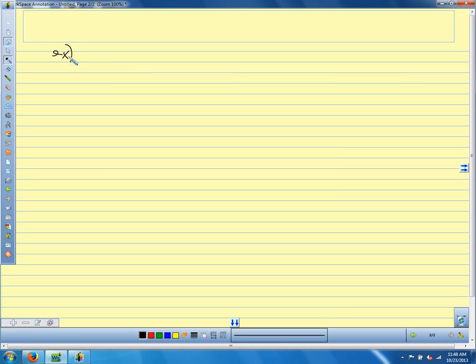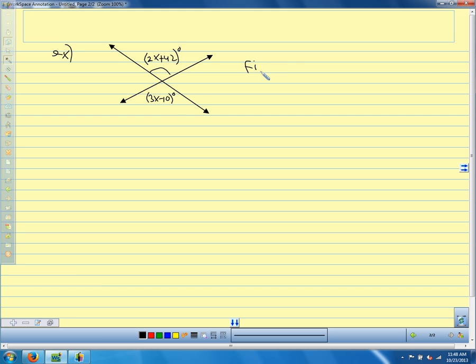So let's say my problem is set up like this. And we know that this is 2x plus 42 degrees, and this angle is 3x minus 10 degrees. And we want to find x.